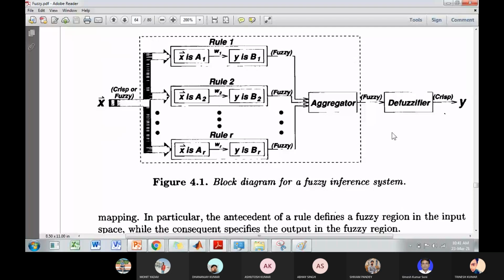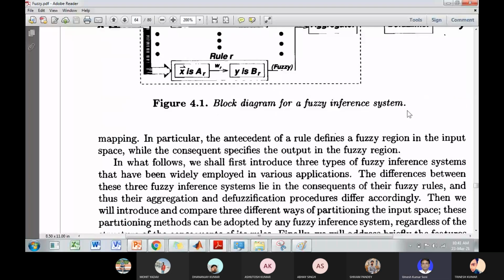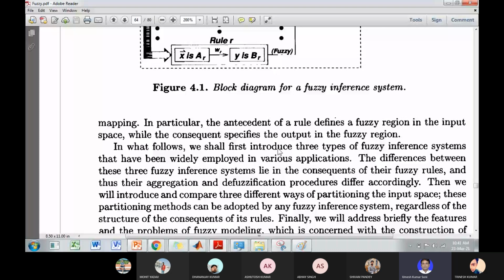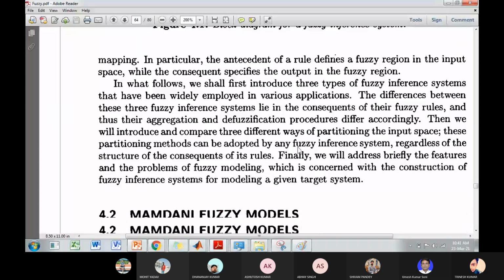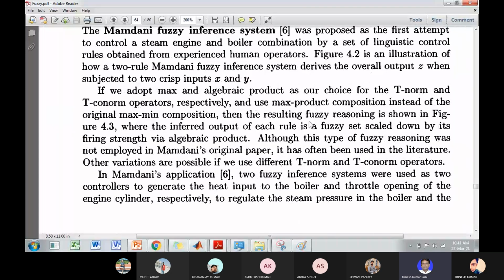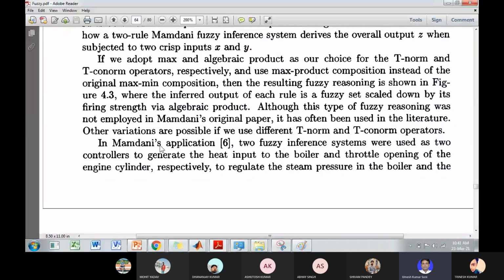The antecedent defines the rules in the input fuzzy region and the consequent specifies the outputs in the fuzzy region. T-norm is the AND operator and T-conorm is also called the OR operator, and you already know about the max-min composition.